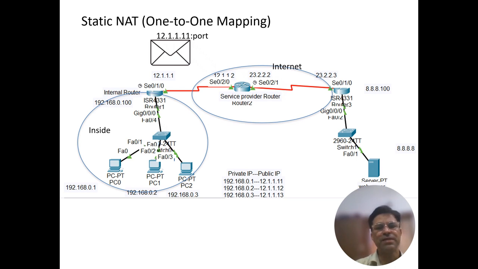There are three PCs, and outside, to the internet, it is seeing this public IP address with port address also. The internet doesn't know about the inside IP address of the host.